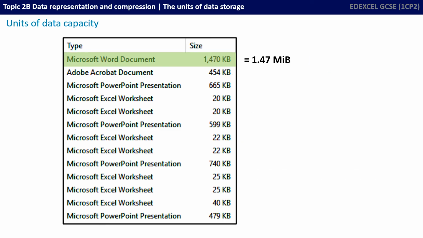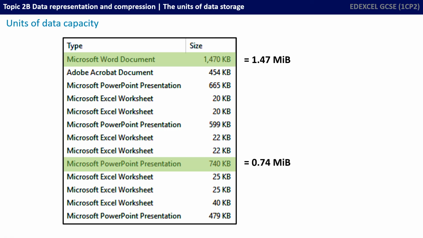So here we have a Microsoft Word document which is 1470 kibibytes. Remember, to get this into mebibytes, we divide roughly by 1,000. So you can also say that this Word document is 1.47 mebibytes in size. Again, here we have a PowerPoint presentation. It's 740 kibibytes.